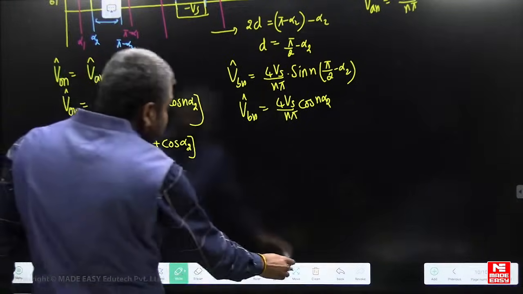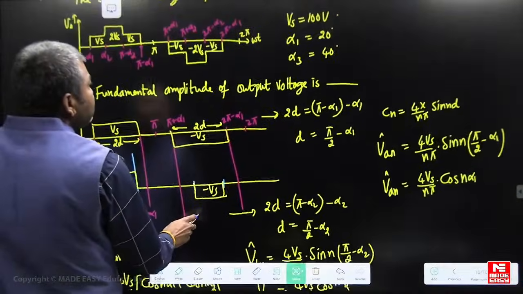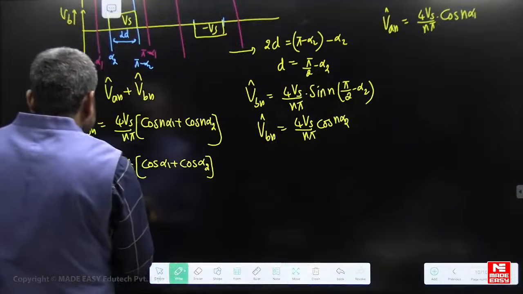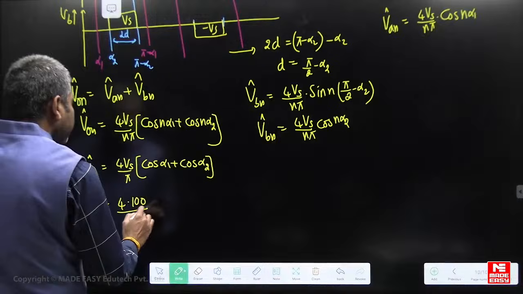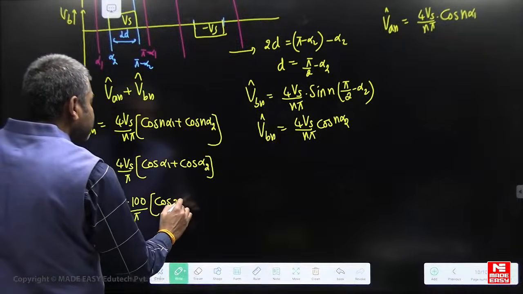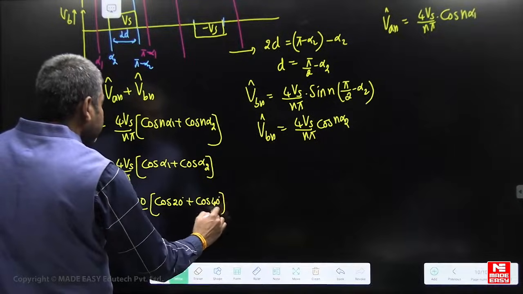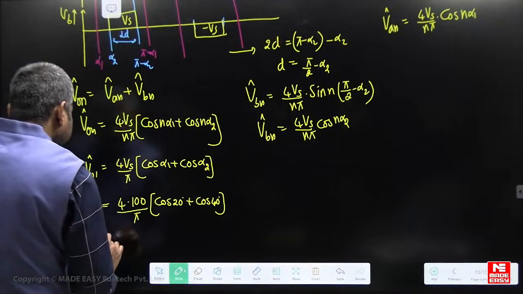So what are the values here? Vs is 100, alpha 1 is 20 degrees, so 4 into 100 by pi times cos of 20 degrees plus cos of 40 degrees. Just calculate this fundamental amplitude.